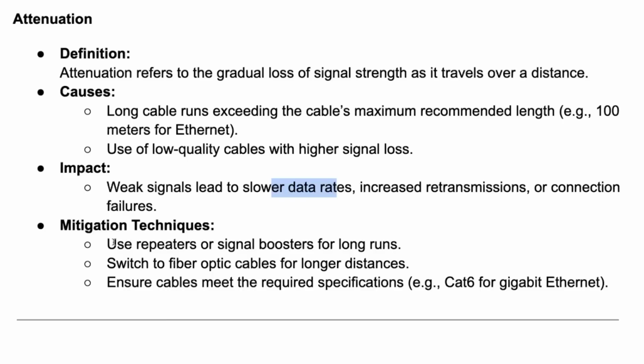So the mitigation techniques would be to use repeaters or signal boosters for long runs. If you're going to need something that exceeds the 100-meter length, then use a signal repeater or a signal booster instead of just an adapter. And an adapter is literally just a little piece of machinery.